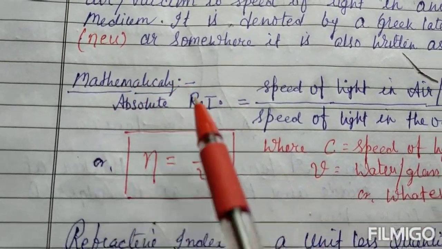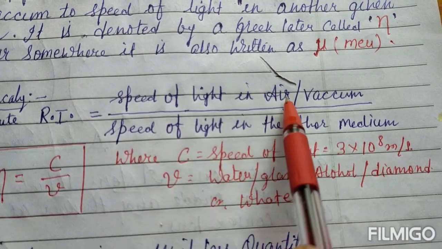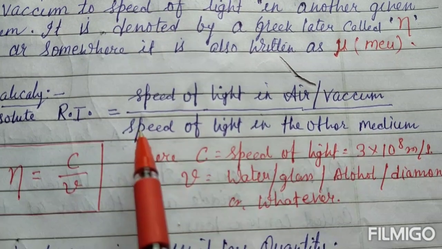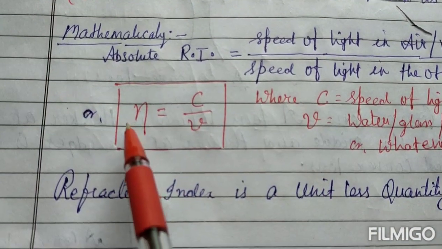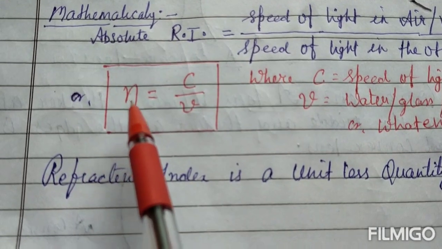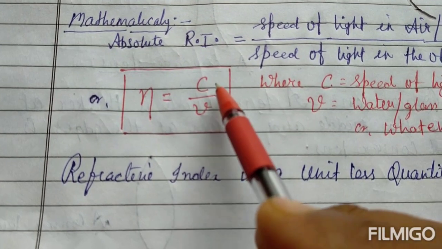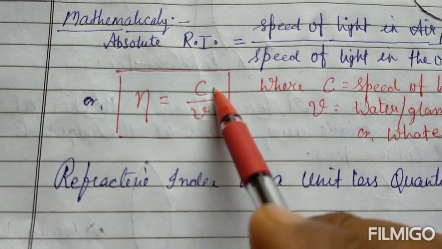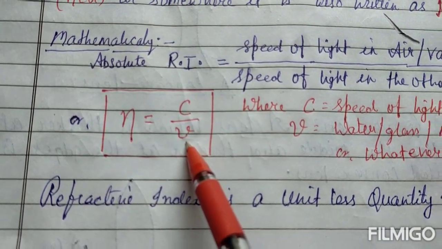So mathematically, absolute refractive index equals the speed of light in air or vacuum divided by speed of light in the other medium, or it is represented as nu equals C upon V, where C is the speed of light in air or vacuum and V is the speed of light in any other medium.